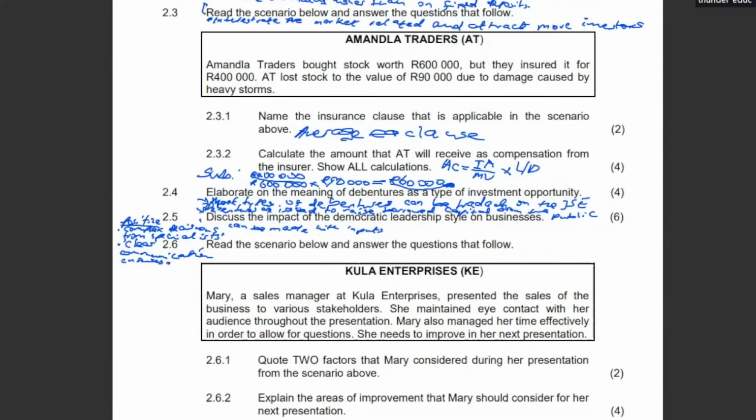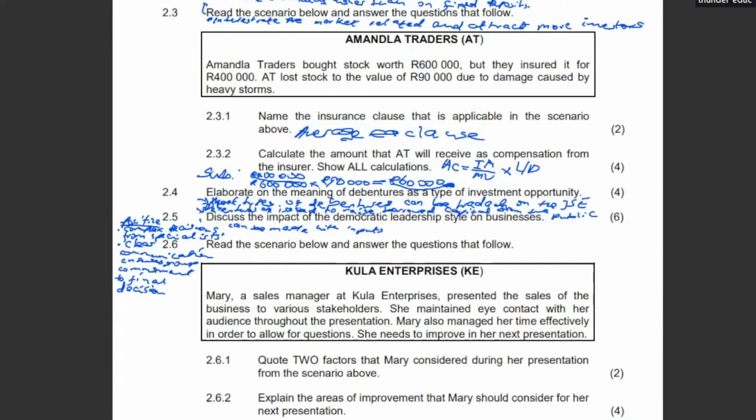And we also say that clear communication ensures group commitment to final decisions.